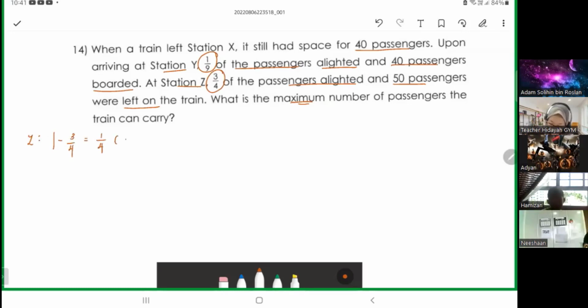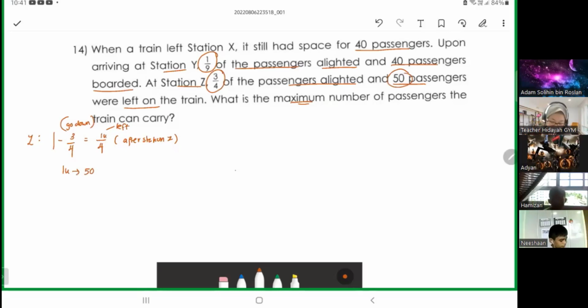This is after station Z. So 50 passengers were left. This one went down, and this one is my leftover. This is the unit left. So 1 unit is actually my 50 passengers, they already told us here.